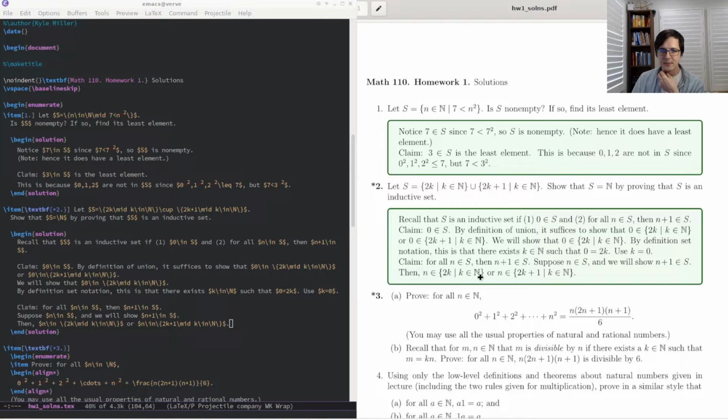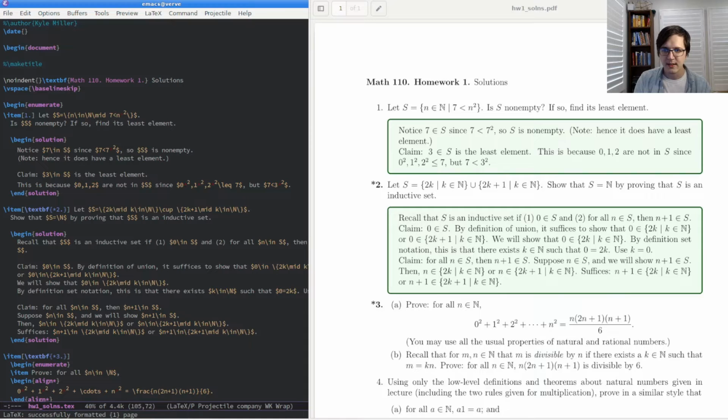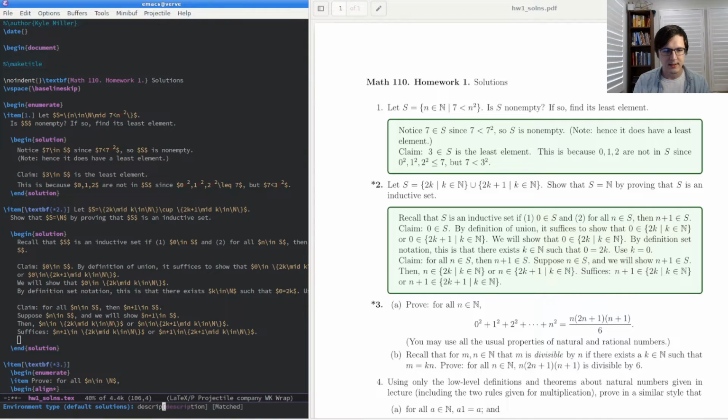Okay, so we know that n is in one of these two sets, and it suffices to show that n plus 1 is in one of these. Okay, so there are two cases. And the description environment is pretty nice for this.